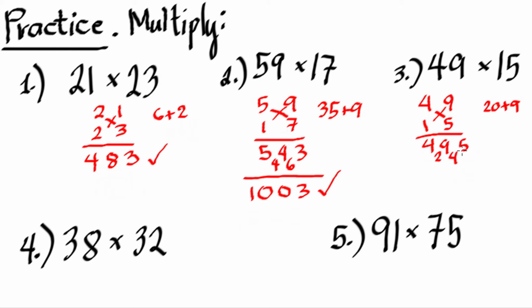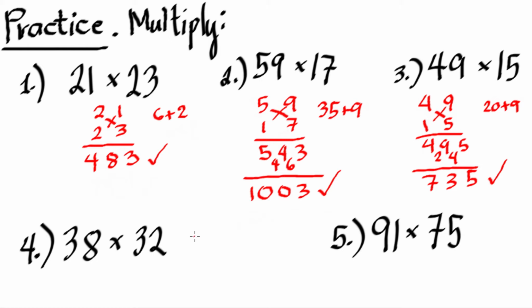Let's fix the carries. 4 plus 2 is going to be 6, but notice here this is going to be 13. So the 1 will be carried up here. This becomes 7. This becomes 3. And then you just write the ones digit there. So we have 735 as the product of 49 times 15. So that's how you do it in Vedic Maths, making use of the Sutra vertically and crosswise.